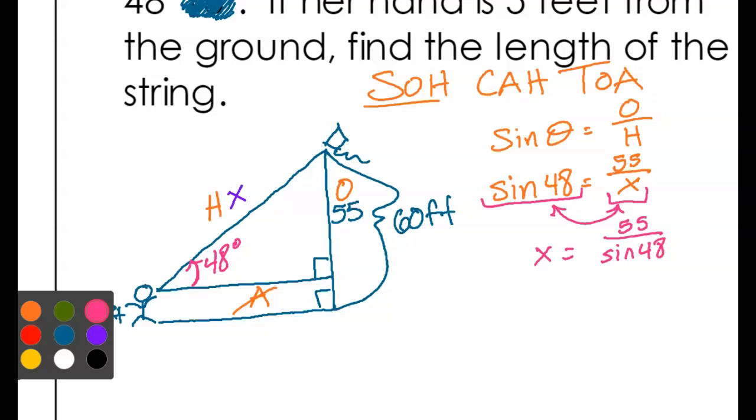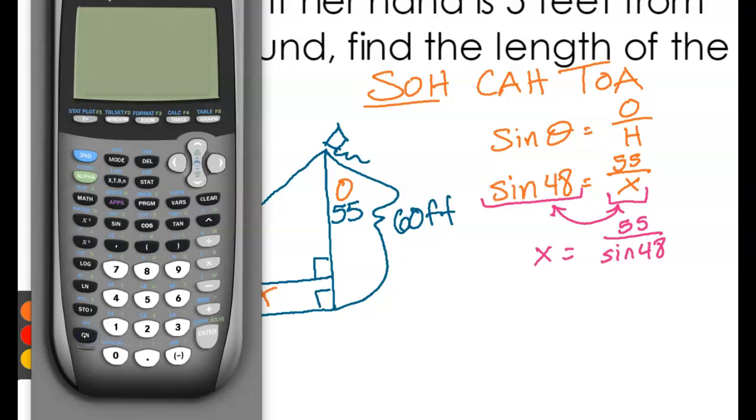And then you just pull out your calculator. There we go. So making sure our calculator's in degree mode, which mine is, great. 55 divided by sine of 48.